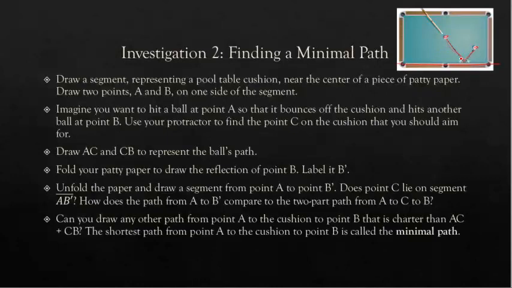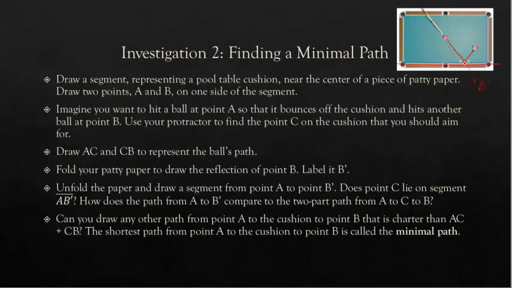Then we're going to fold our patty paper to draw the reflection of point B, and we're going to label it B prime. So we'll be folding along that edge of the pool table, that cushion. Then we're going to unfold the paper and draw a segment from point A to where that reflection is. So it's probably about here is our B prime. And we're going to draw the line all the way across from A to B prime.